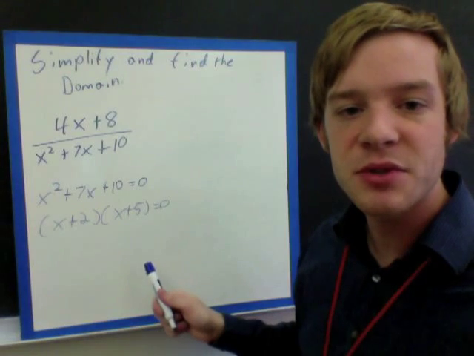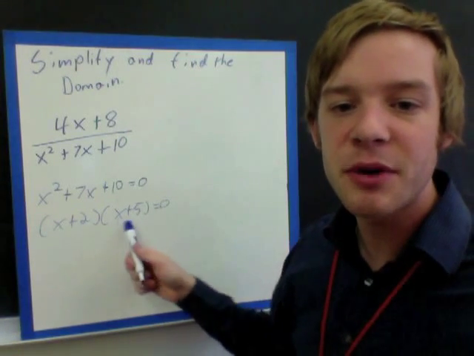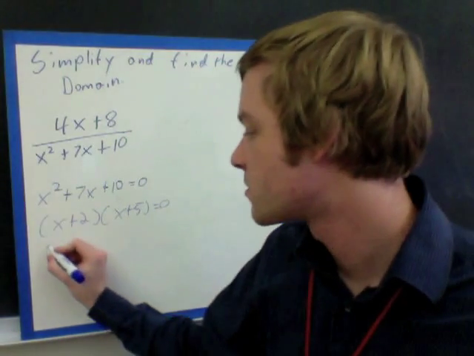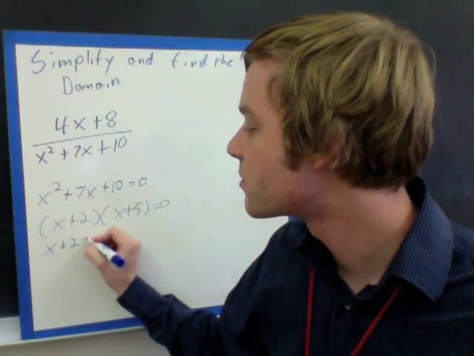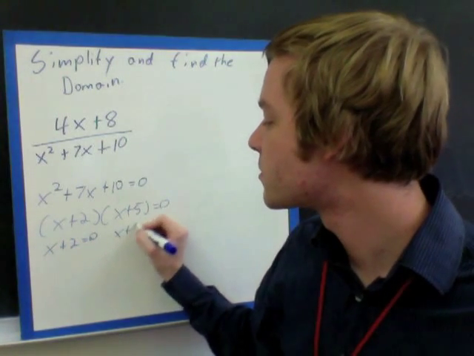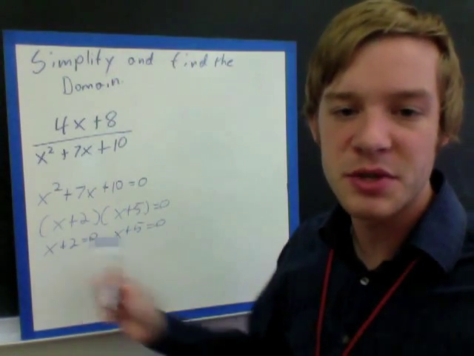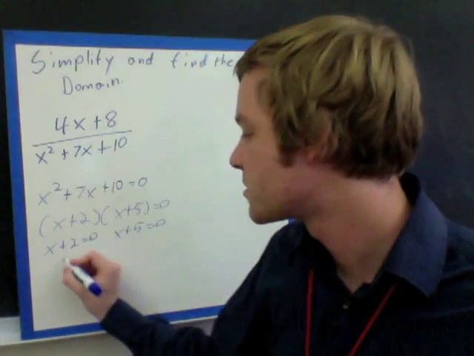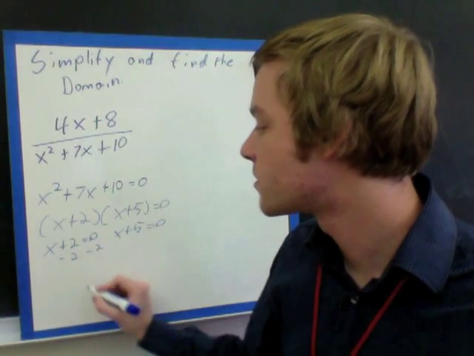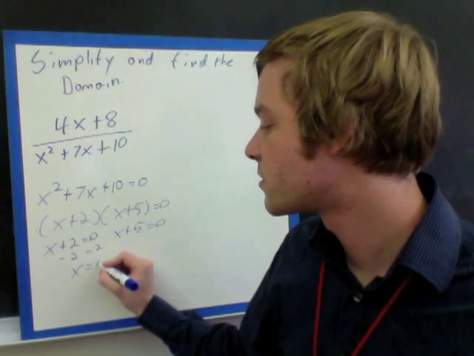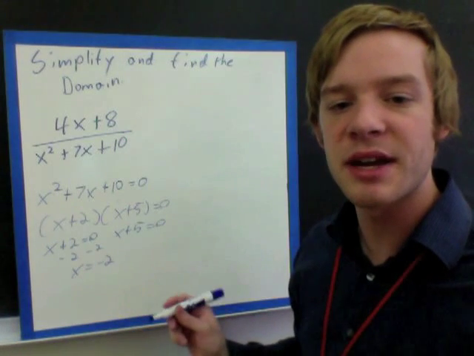So when we have this right here, we set each of the parentheses equal to 0. And then I'm going to solve. I'm going to subtract 2 on both sides here, and get x equals negative 2.